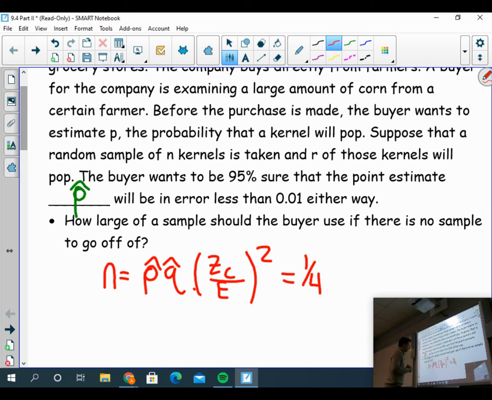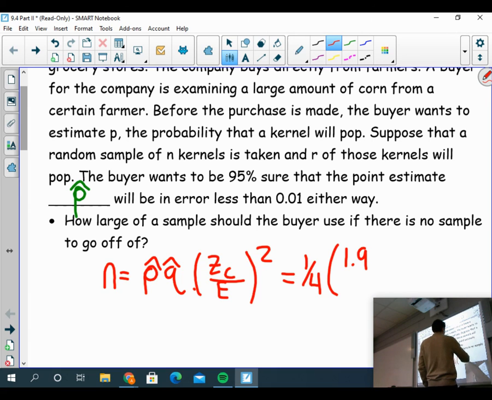so that we are for sure within that 1% margin of error. So we do 1/4 times our critical value. You can calculate this on your own, but the critical value for a 95% confidence interval is 1.96. We want to be in error at a maximum of 0.01, and that all squared.